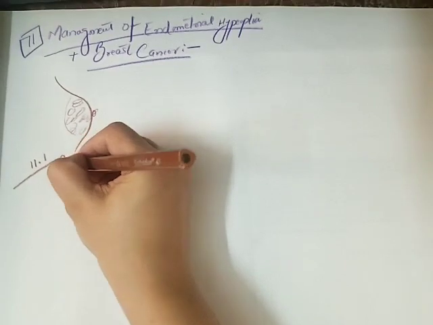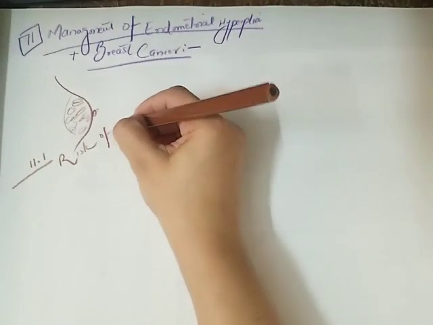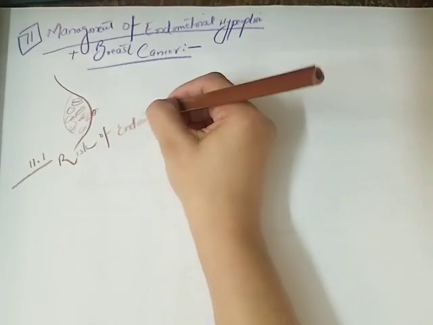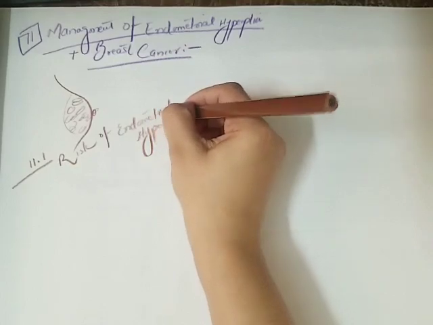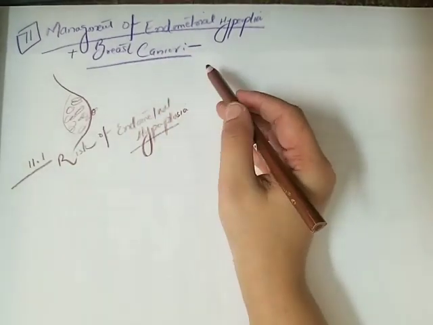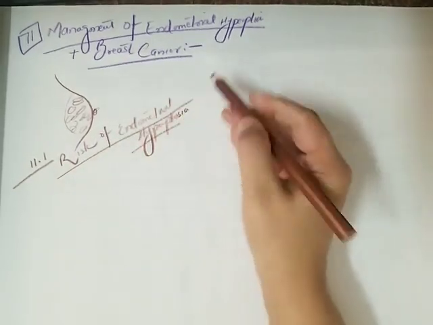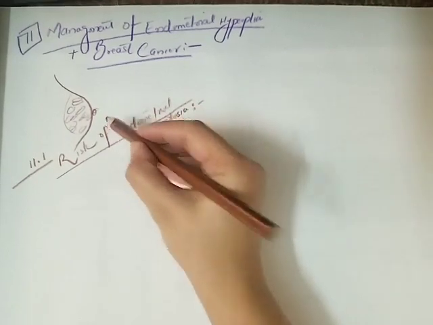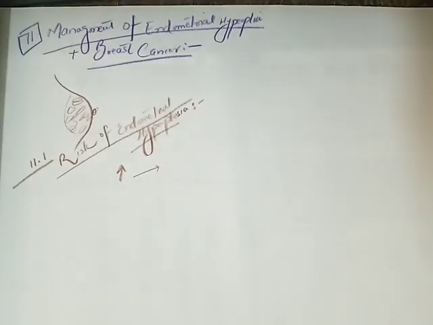So we have to discuss the risk of endometrial hyperplasia in them, especially the women who are on aromatase inhibitors like anastrozole, exemestane, and letrozole. These women are at increased risk of developing endometrial cancer as well.